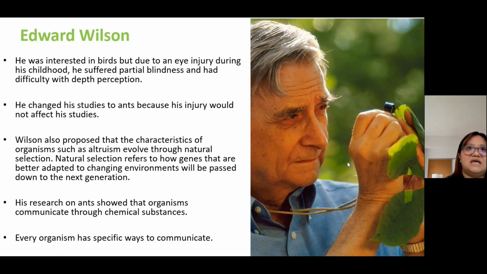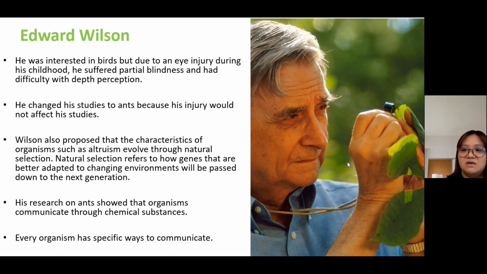Besides that, he also discovered that ants communicate through chemical substances. That is why if you accidentally kill ants, you will smell some scent, which could be quite unpleasant, released by the dead body of the ant.